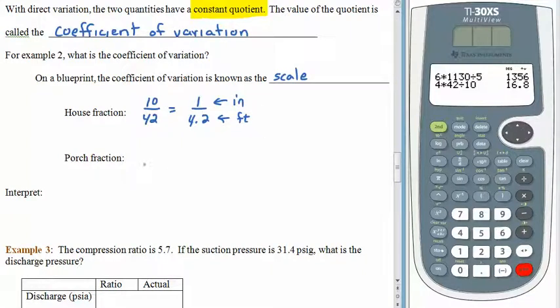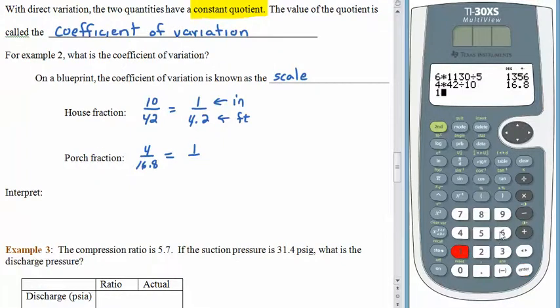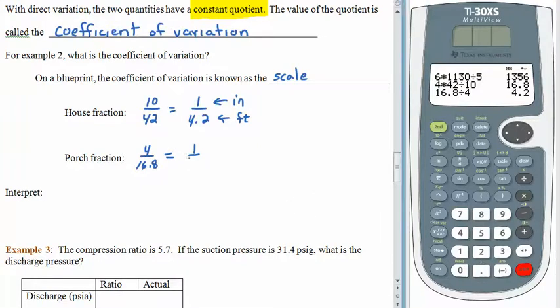The same thing happens when you look at the porch fraction. We found the porch with 4 inches on the blueprint to be worth 16.8 feet in actuality. If I divide 4 by 4, I get 1. If I divide 16.8 by 4, I will get 4.2 again.